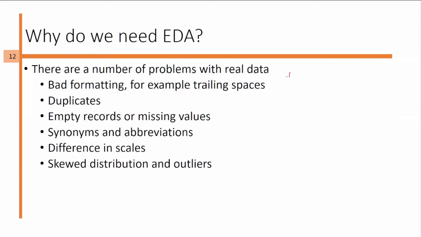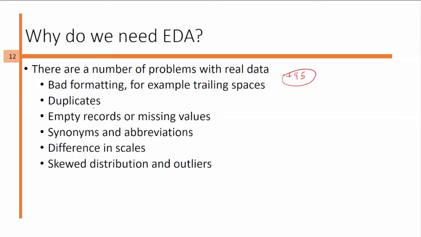Some entries start with +95, and some you just get a telephone number. Now you need to change the formatting. You either put the +95 prefix on all the data, or you don't put the prefix on any of the telephone data. That's an example of bad formatting. Trailing spaces.